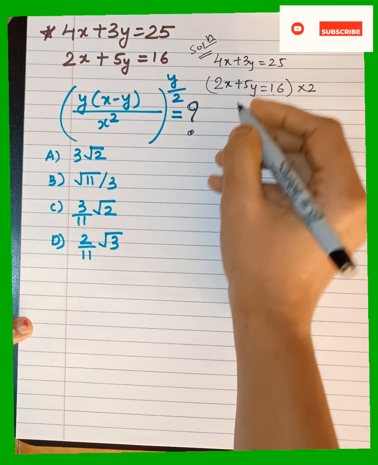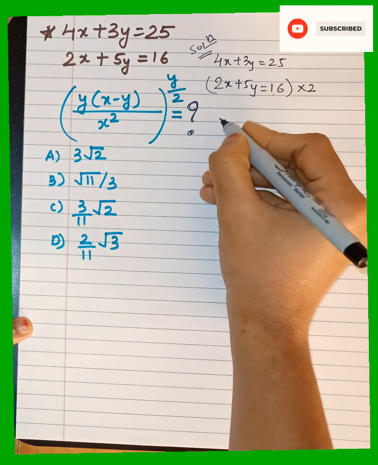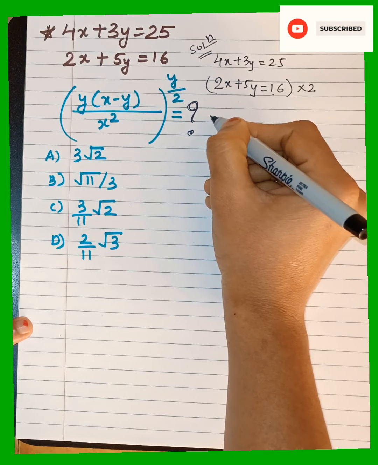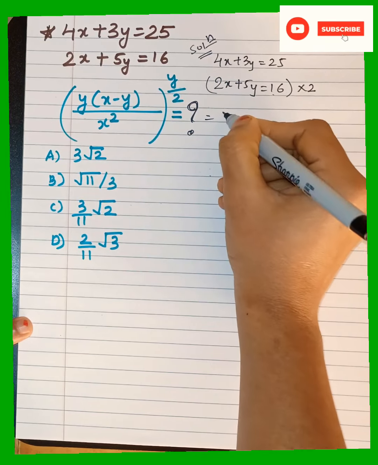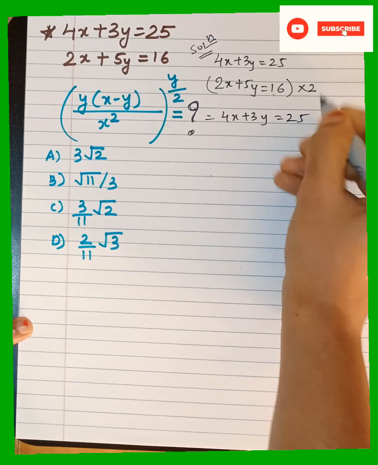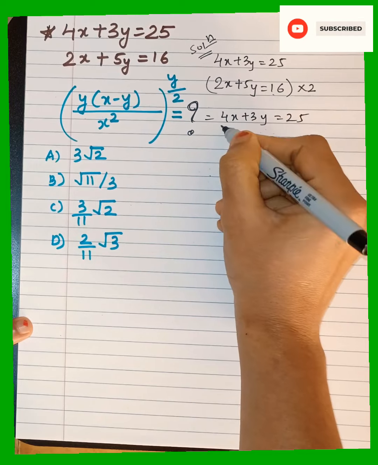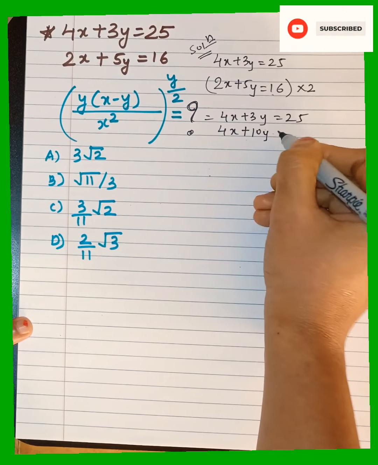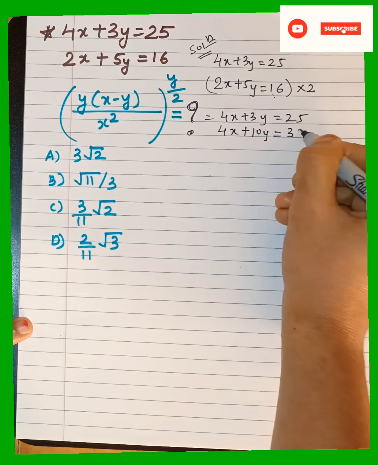So I'm doing that. I'm writing again: 4x plus 3y equal to 25, and here 2 2s will be 4x plus 2 5s will be 10y equal to 16 2s will be 32.